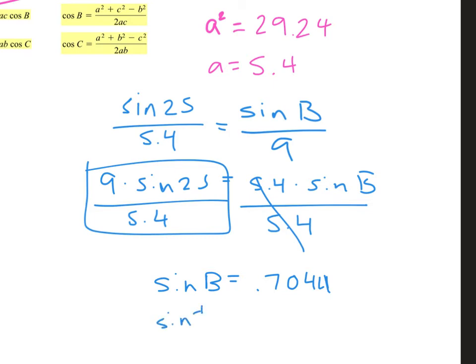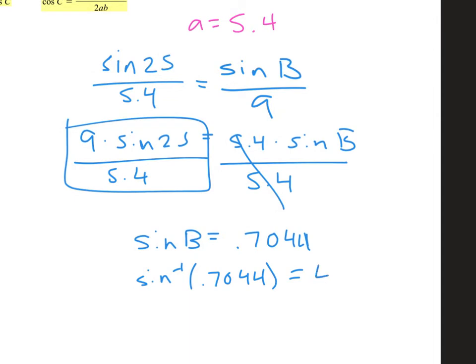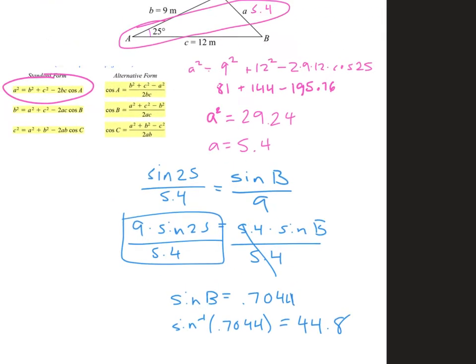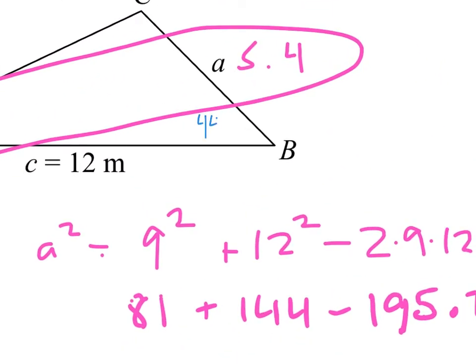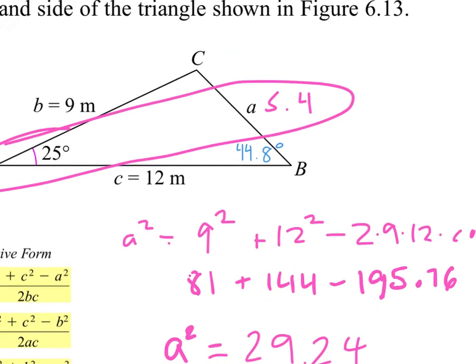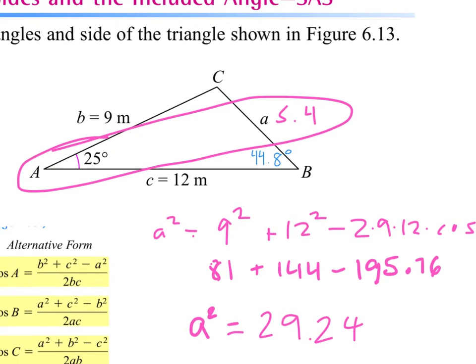So sine inverse of 0.7044. 44.8. Perfect. So that was angle B, 44.8 degrees.